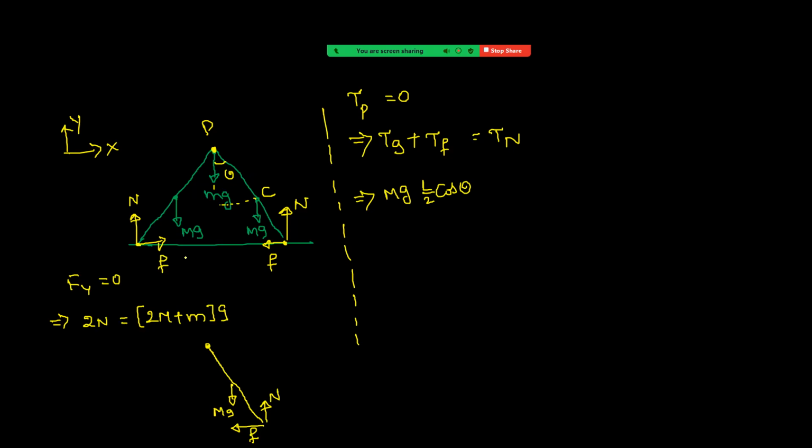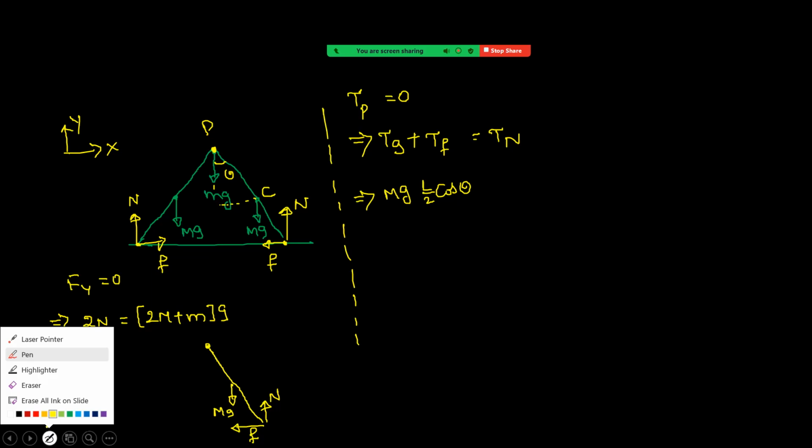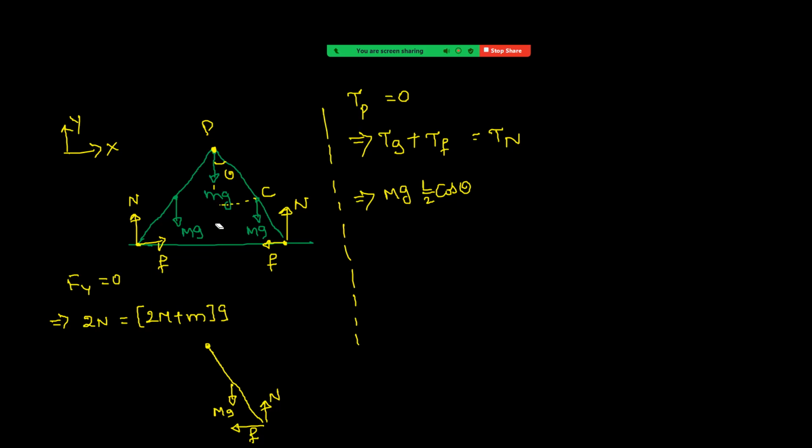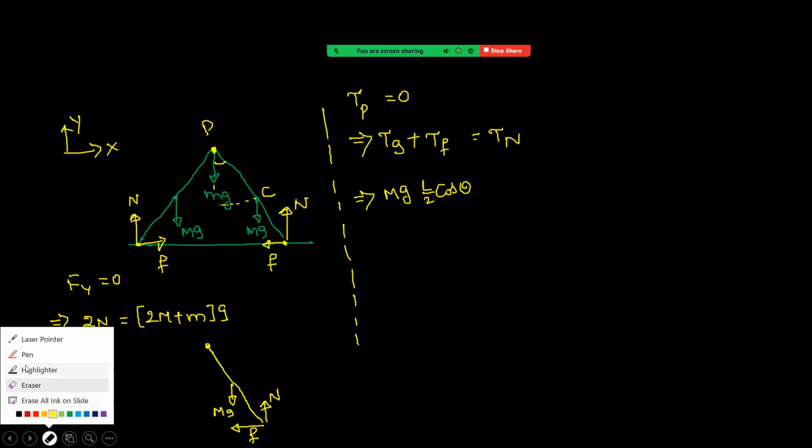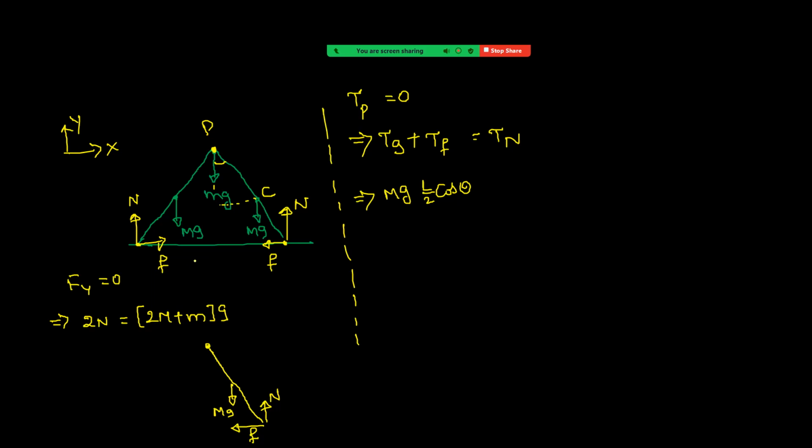The angle is given with the horizontal. This is not theta. Given this is theta, then this will be 90 minus theta. Okay.